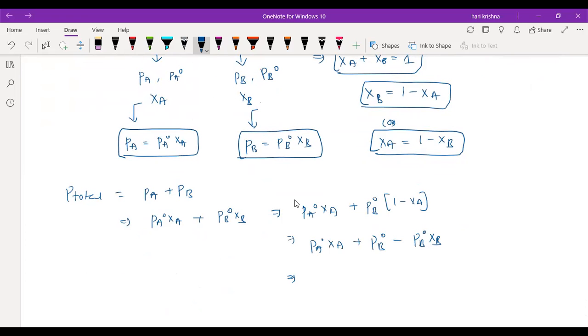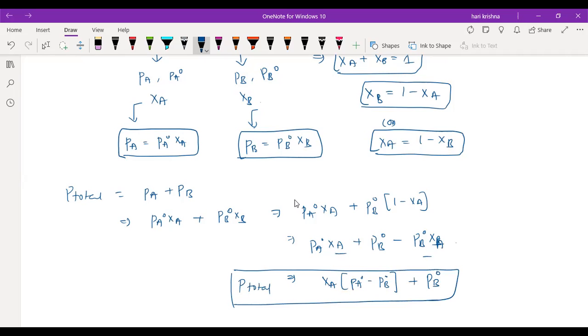If you take XA common here, what you will get? PA naught minus PB naught, plus PB naught. So there is a P total, one formula for Raoult's law. Compulsory, you have to remember this formula.